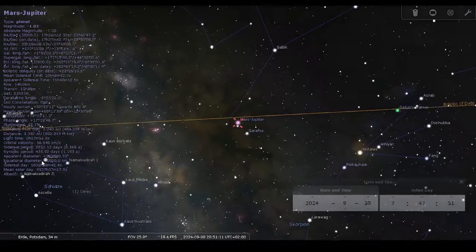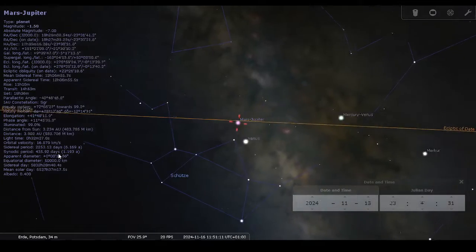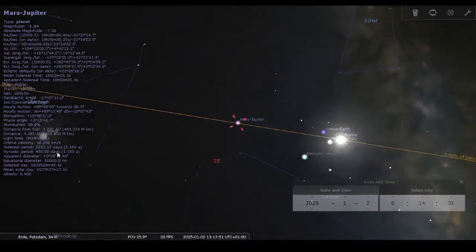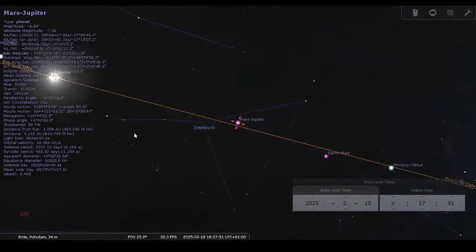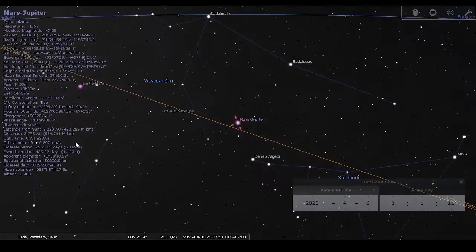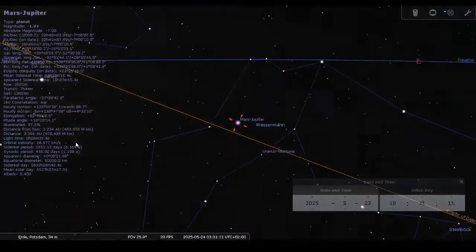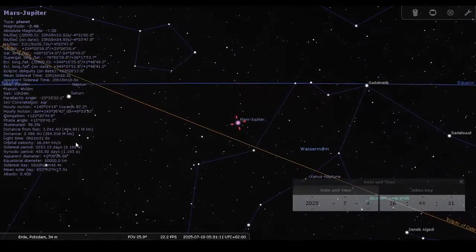Jupiter has about 143,000 kilometers diameter at the equator, but Mars only about 6,800 kilometers. So that is a rather high difference because Mars is a terrestrial planet in the inner solar system and Jupiter is an outer planet which is a gas giant.